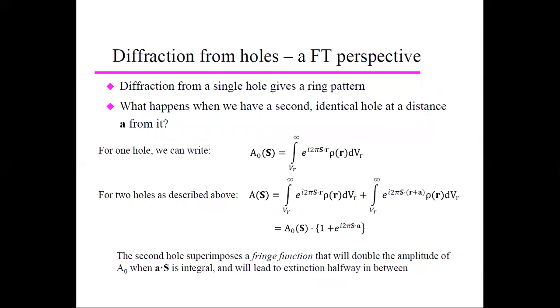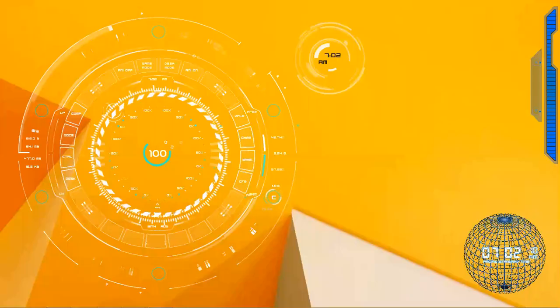The diffraction from a single hole is given by a ring pattern. What happens when the one hole changes?